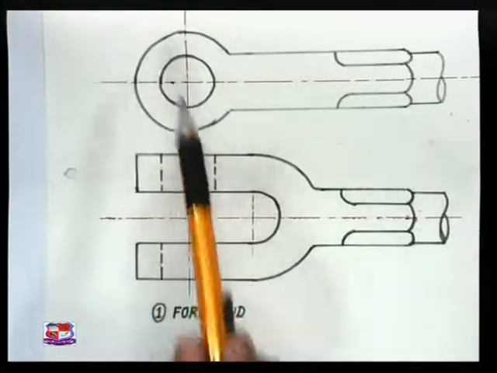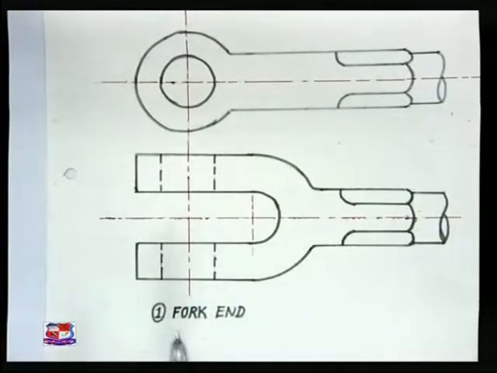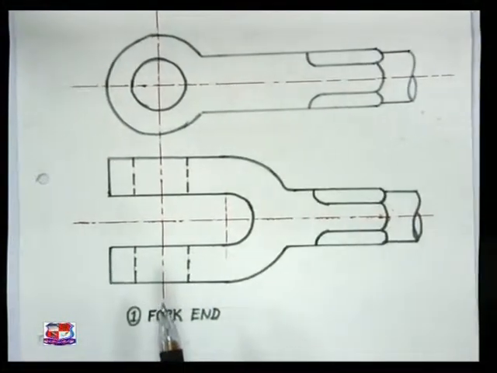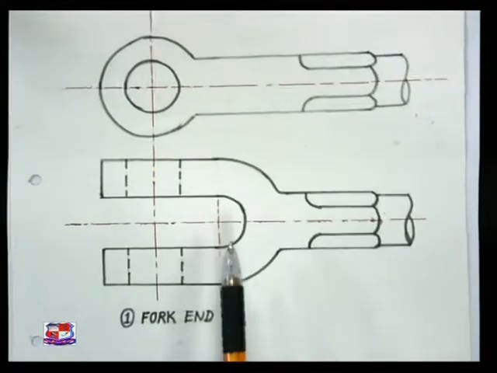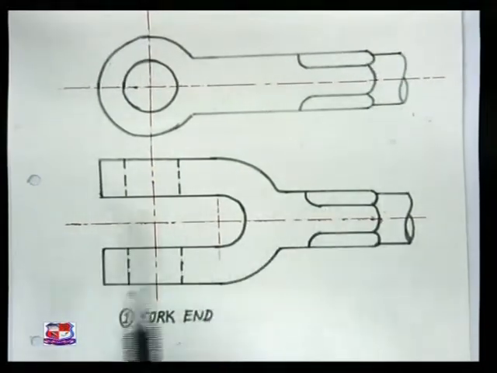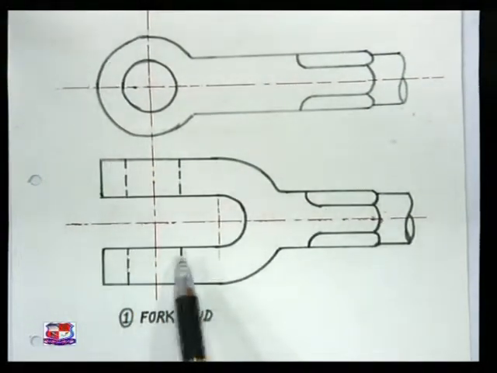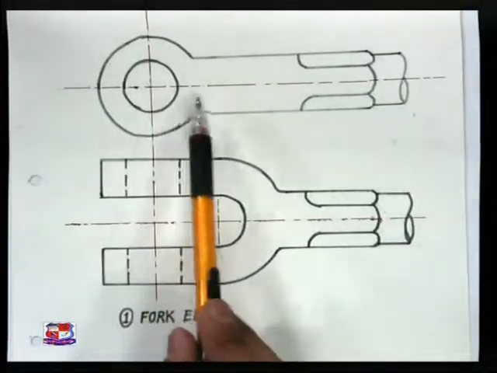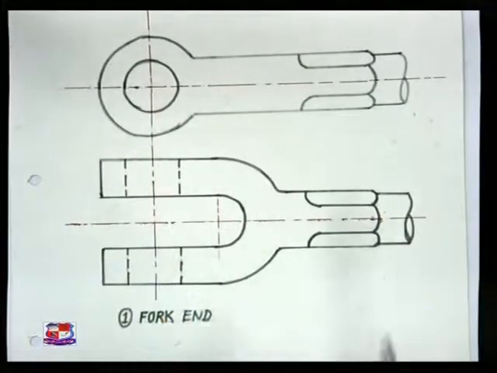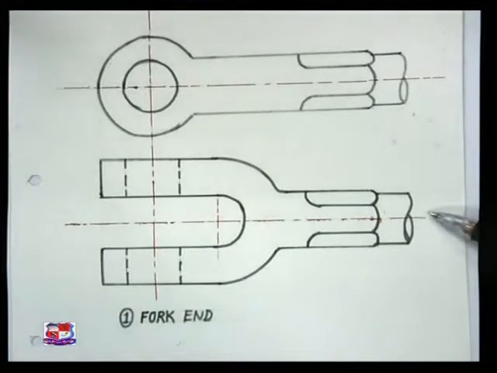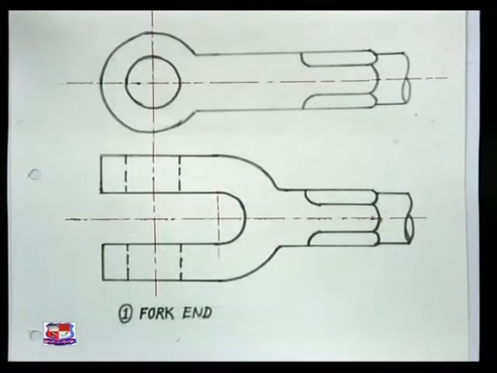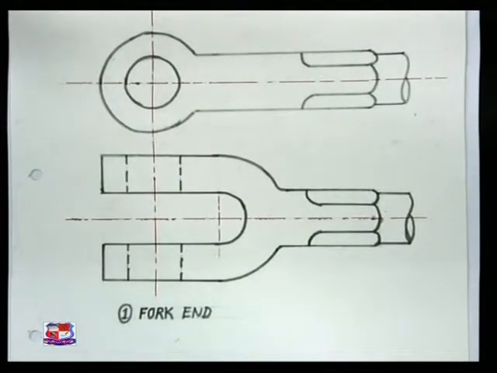Top view is drawn above, front view is drawn below, because third angle projection method is employed in an assembly. You need to draw this axis, horizontal axis and vertical axis. This axis represents this circular hole, and this horizontal axis, there is circular rod which is over here. That is question number 4b, first component.